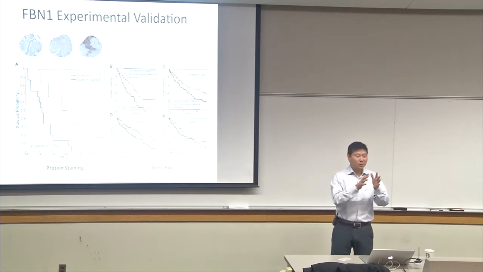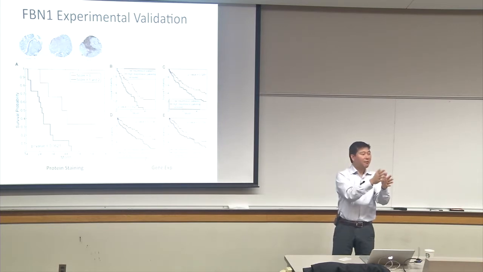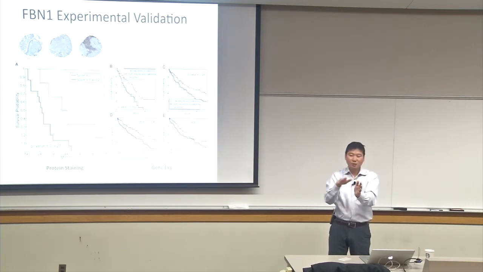In all the patients, FBN1 doesn't come out as a significant biomarker, but after the first treatment, in the 18 months, some of the patients had no response to the treatment. These patients left the cohort because they died. And the remaining patients are the ones that had a response to the first treatment.